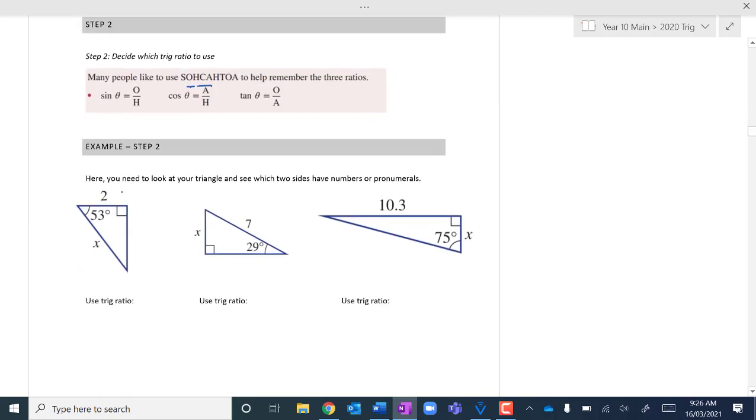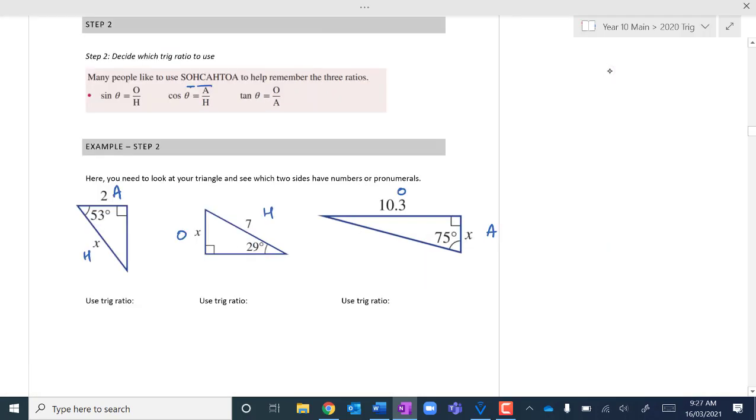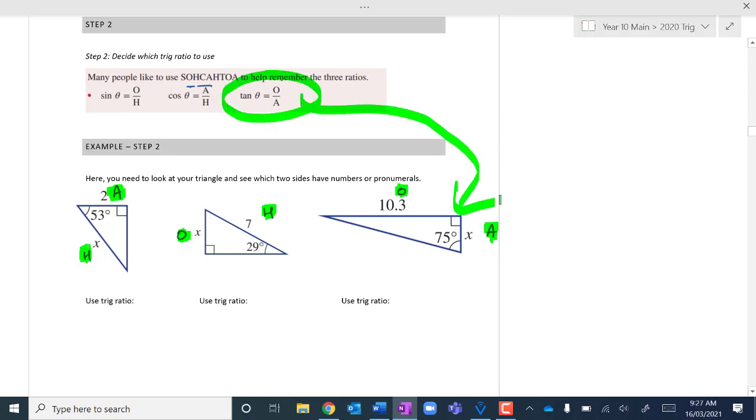Now over here, I just labeled, this is exactly the same triangle, A, H, O, H, and over here we had A and O. Okay, so if you have a look and we get our highlighter out, then you notice that we've got A and H, O and H. We're always going to be given 2 things and we've got to find the other, whether it be finding angles or side lengths, and O and A. So what we've got to do is look, O and A, we've got to use tan.